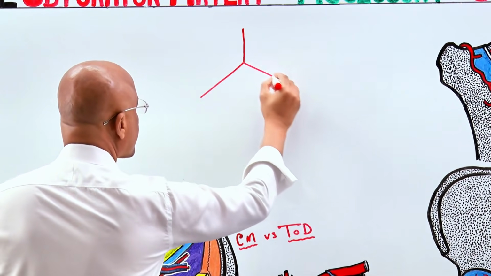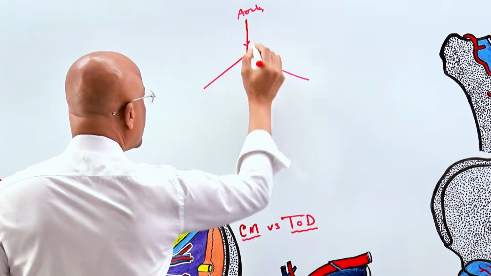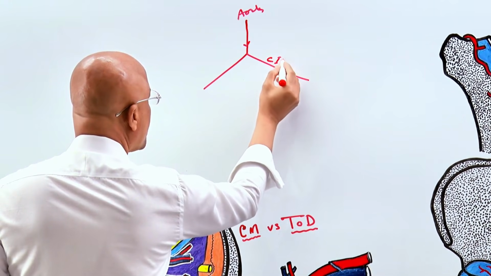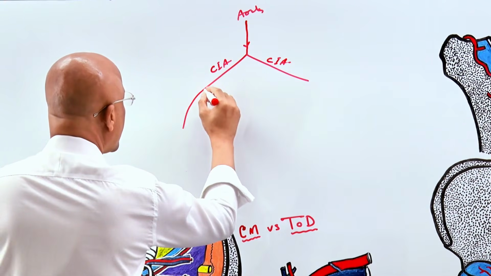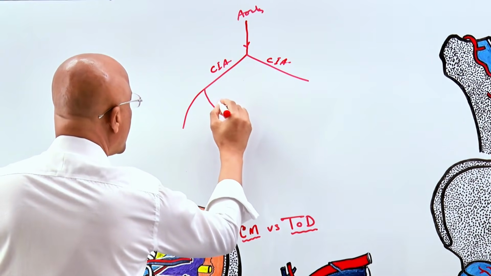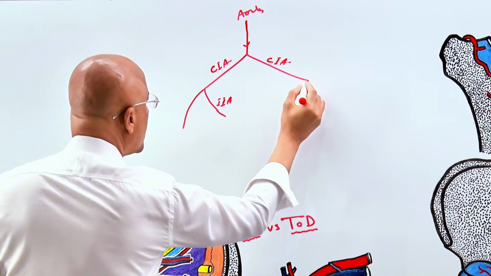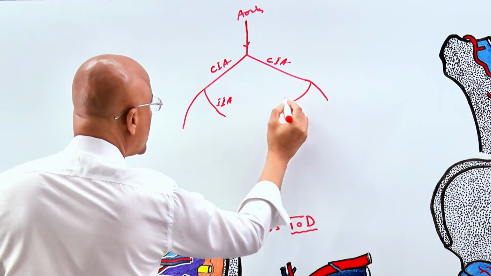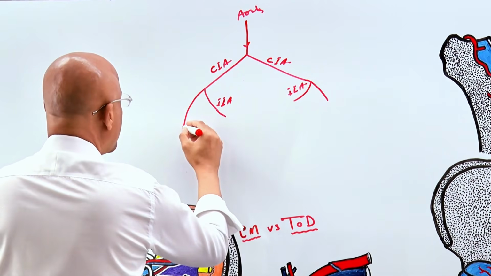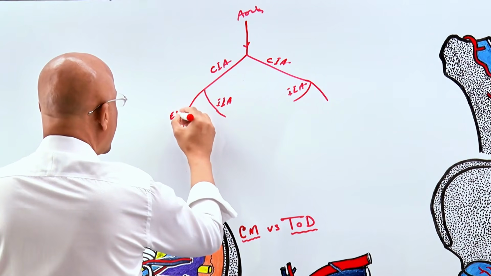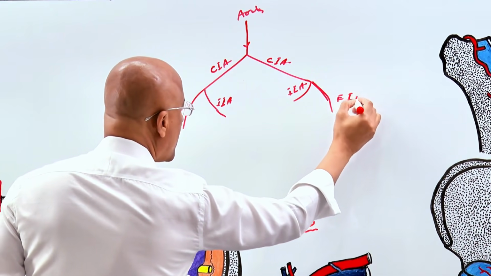Here comes the common iliac artery, and then the internal iliac artery, and here is also a branch which is the internal iliac artery. And you know this is the external iliac artery, and here is again the external iliac artery.